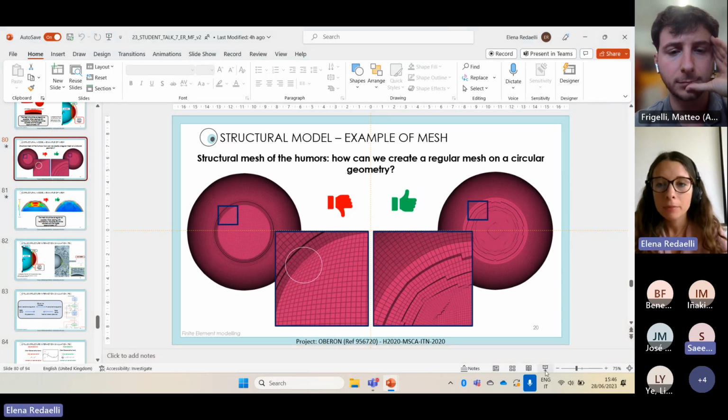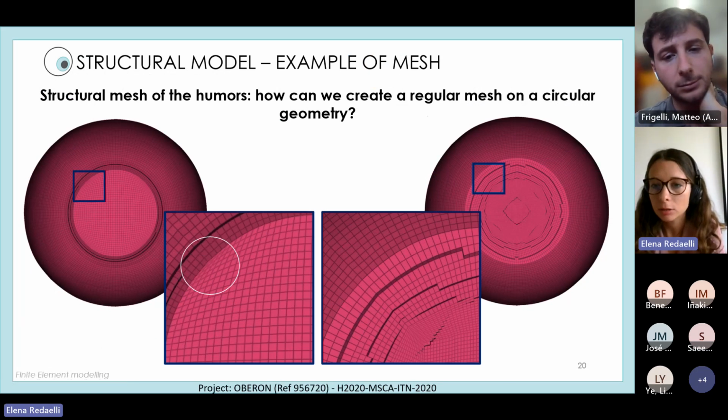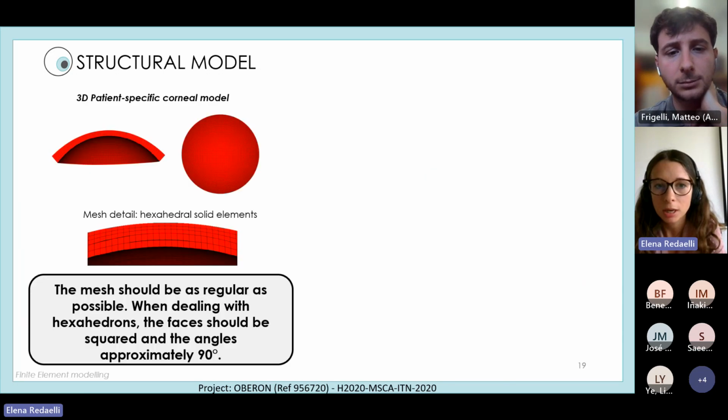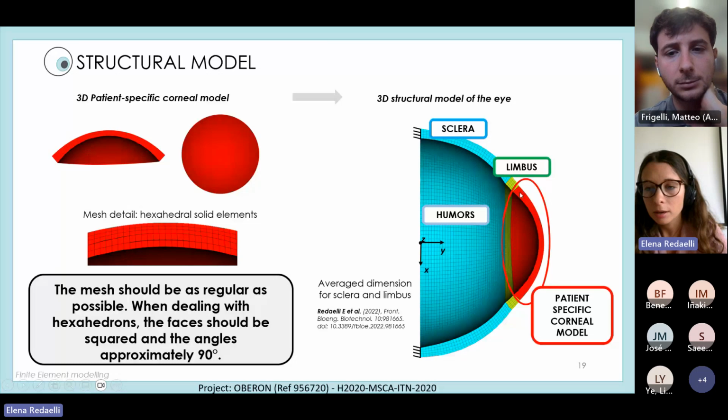Okay. I usually construct the model so that all the parts have a direct interaction in terms of mesh. As you can see here, the cornea is linked to the limbus without any contact because there is continuity of mesh, both between the cornea, the limbus, and the sclera, and between the structures and the humors.